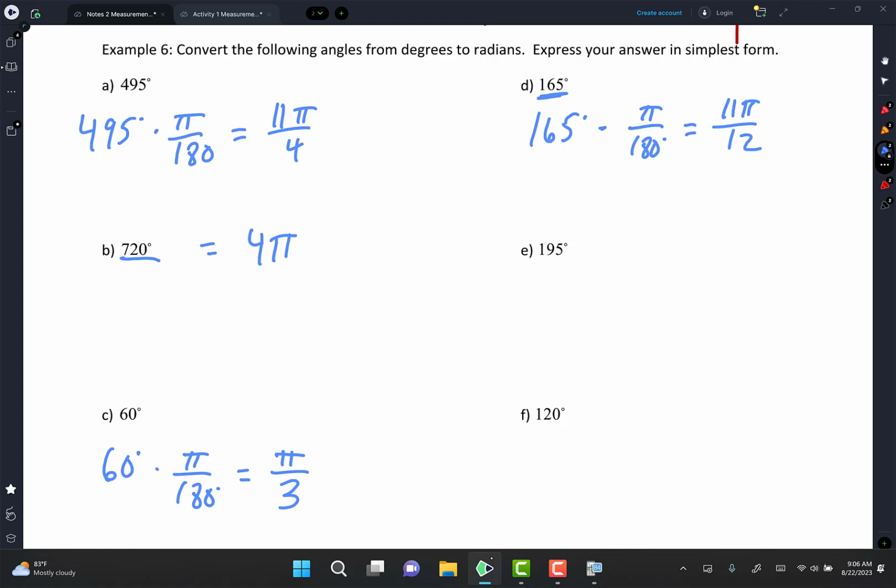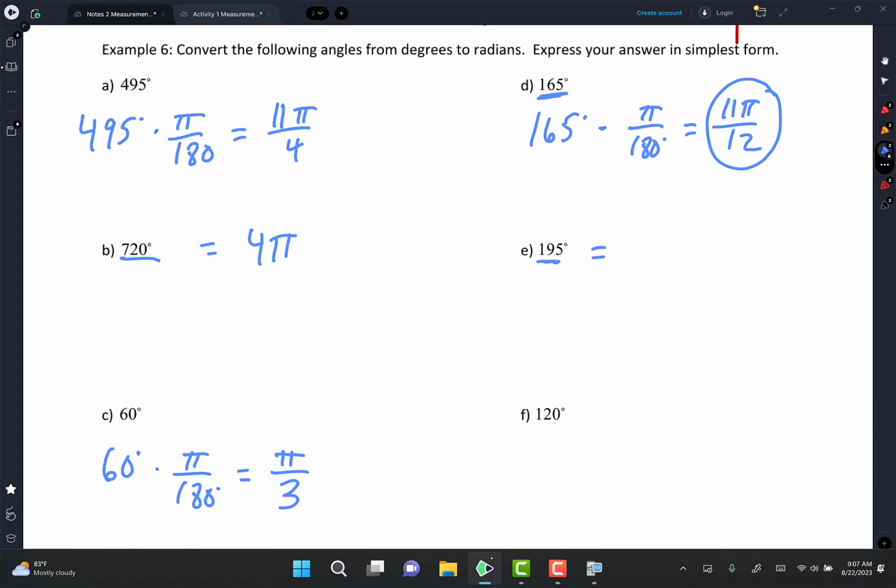165 is 15 degrees away from 180. Do you guys agree? So is 195. 195 is 15 degrees away from 180. So if 165 is 11 pi over 12, what do you think 195 is? It's bigger than 180. This was 11/12 of pi.